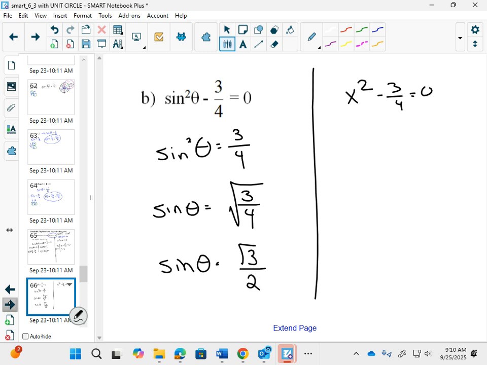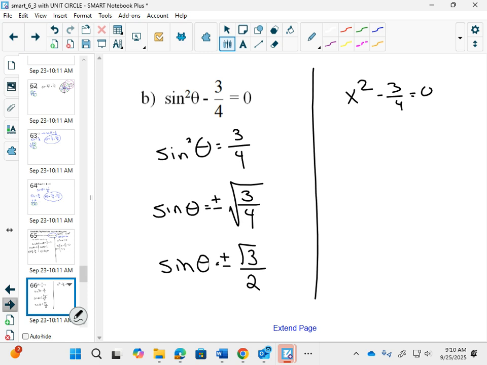Anybody see the mistake that I made? When you square root both sides, you must add the plus or minus. Usually if you forget the plus or minus, they take off a half a mark. In this example, you would lose a whole mark.